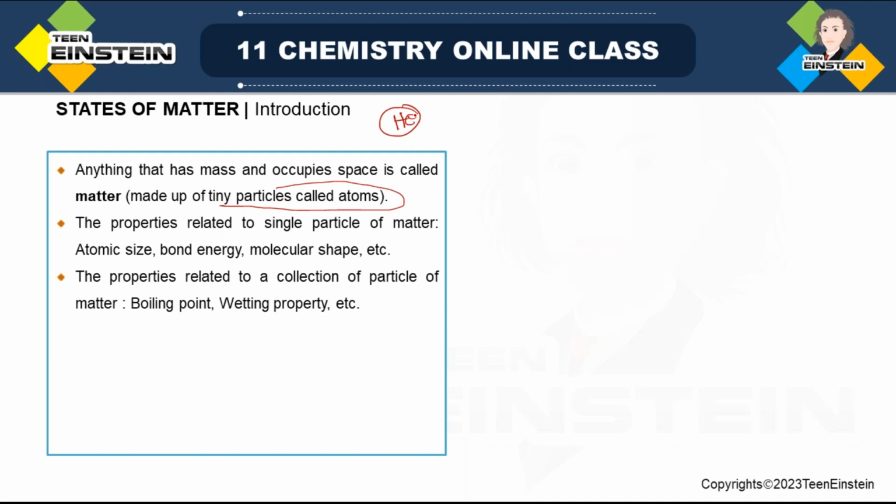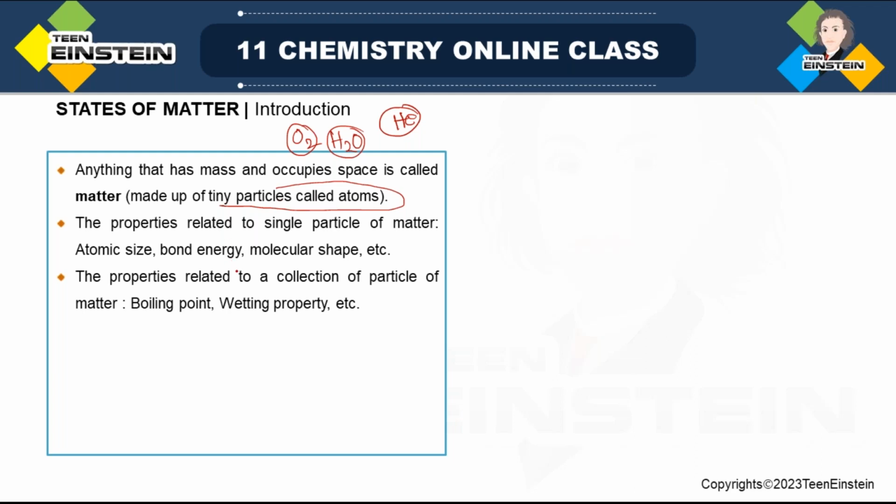Similarly, if we consider any triatomic or diatomic, for example, you can take O2 or H2O, in this case we have a molecule. So the properties related to this single particle of matter, it may be helium, it may be H2O or O2, but this is the smallest single particle possible for that particular compound.